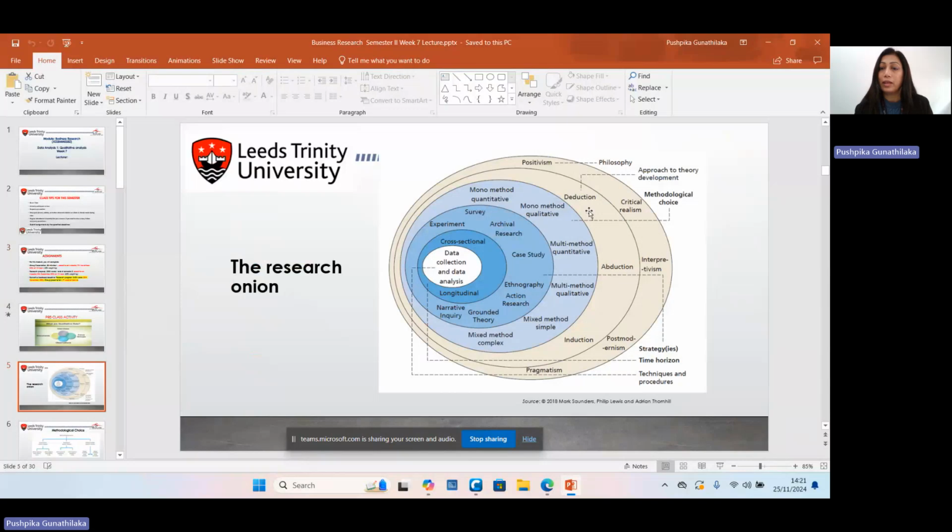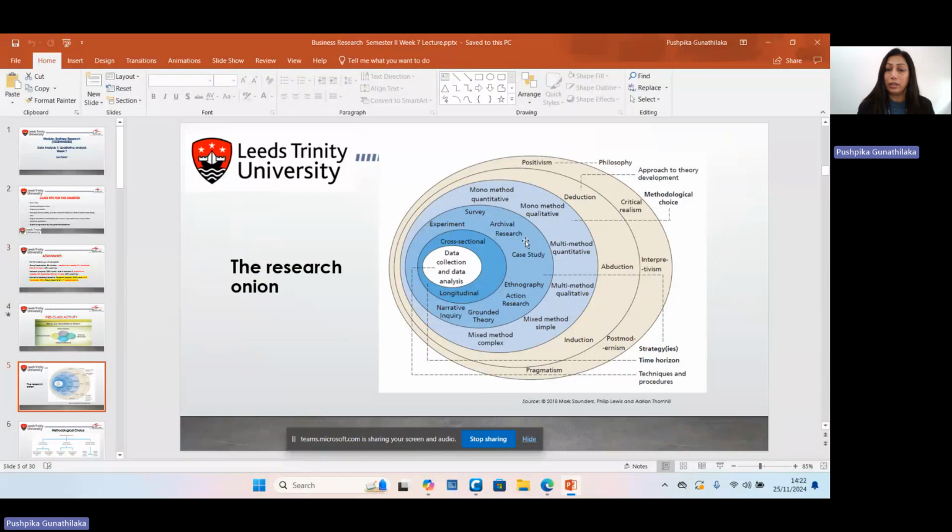And then the approach to theory development, whether it is the deductive method or inductive method, is explained in the second layer. And the third layer talks about methodological choice, whether it is mixed method, complex, mono method, qualitative. Likewise, there are different methods explained in the third layer.